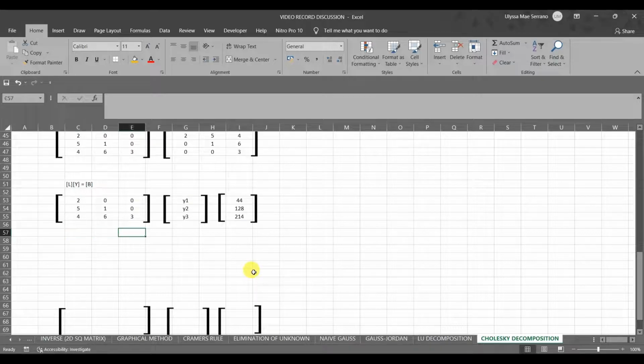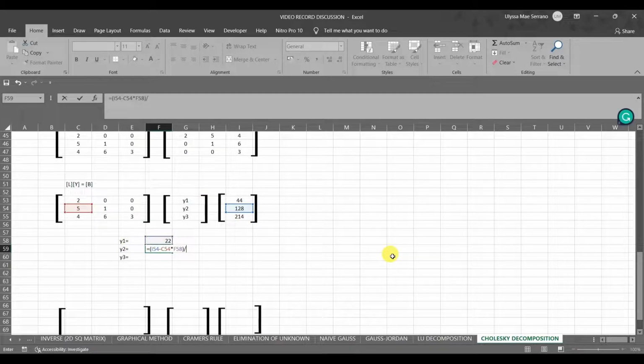From this equation, I'm not going to rewrite the equation anymore. There is a similarity to the LU decomposition. So we will be able to find the value of y sub 1, y sub 2, and y sub 3, using the back substitution. For y1, we have the value of 44 divided by 2. For y sub 2, 128 minus the coefficient of y1 times y1, divided by the coefficient at y2, so you will be able to find the value of y sub 2.